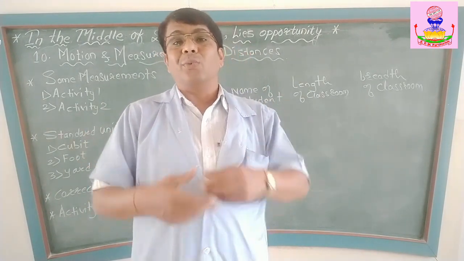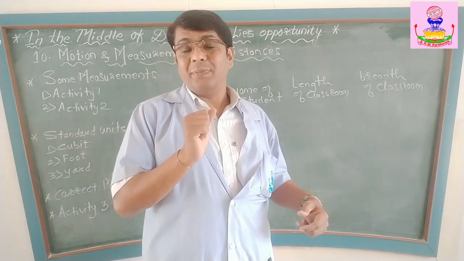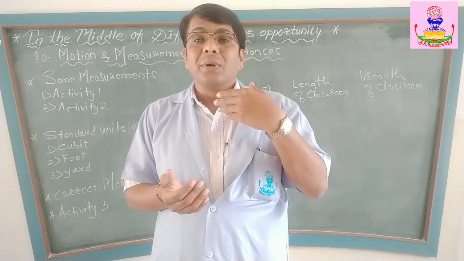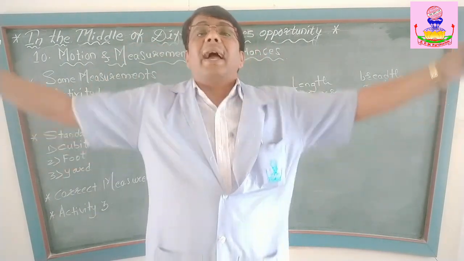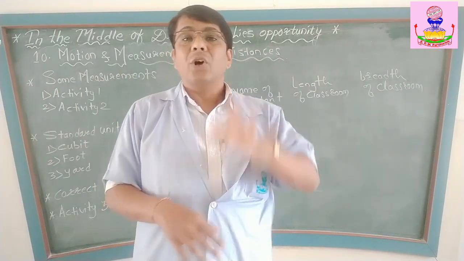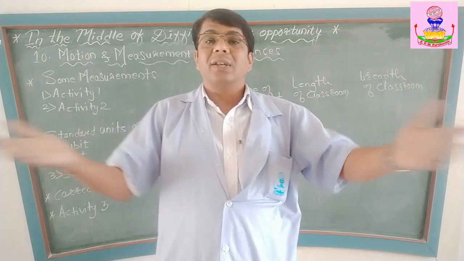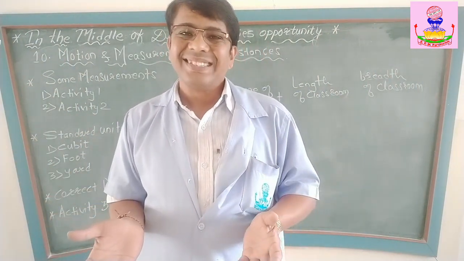So how do we come to know what is the exact length? You understand my point? The other person cannot understand properly what the actual length is when you say it in foot, because the length of the foot keeps on varying, or the hand span. What is the actual length or width of the table? How do we know?